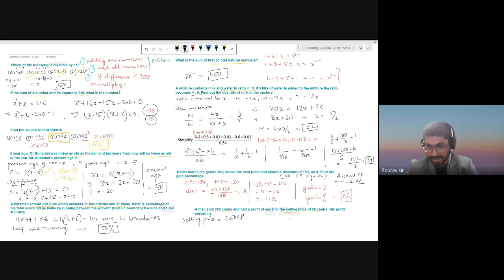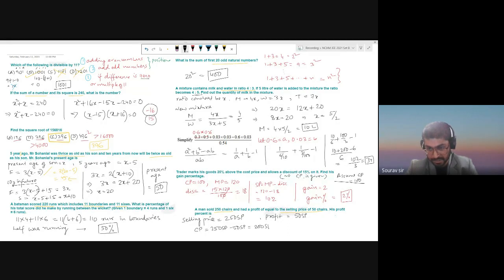Okay. So total selling price is 250 SP, right? 250 chairs, same price each. And the profit is 50 SP. What will the CP be? 250 SP minus 50 SP, 200 SP.